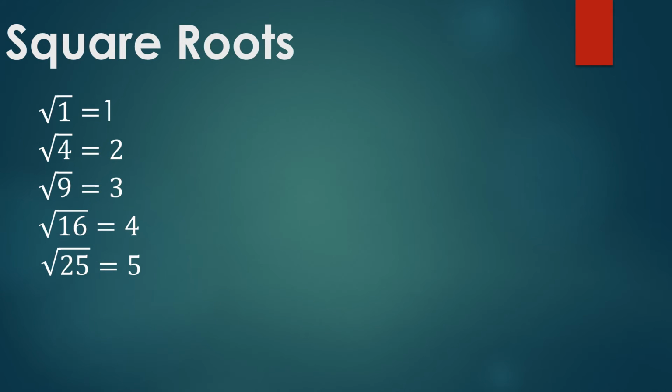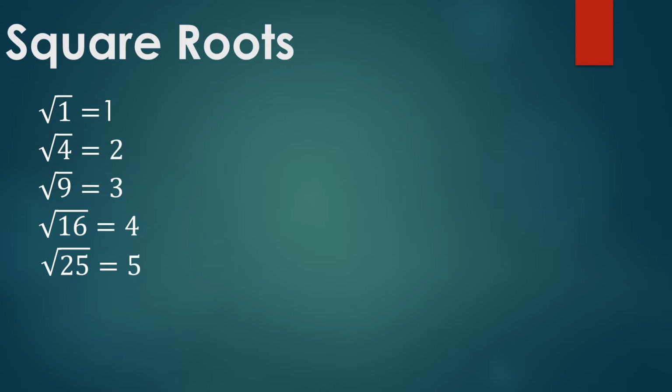Let us recall some concepts on how to find the square roots of a number. Let's look at these examples. Square root of 1 is equal to 1 because 1 multiplied by 1 is equal to 1. Square root of 4 is equal to 2 because 2 times 2 is equal to 4. Square root of 9 is equal to 3 because 3 times 3 is equal to 9.